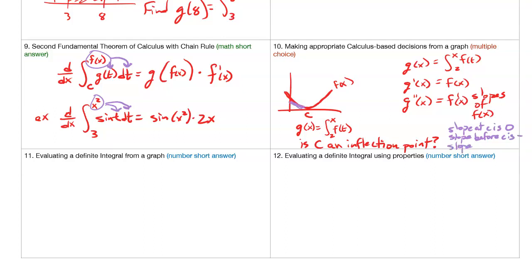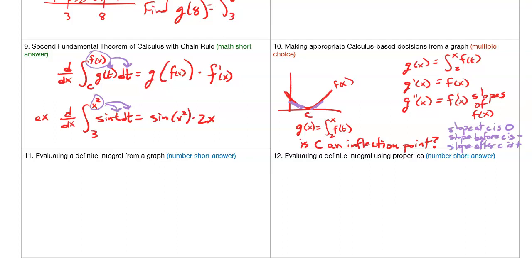Slope after C, positive. So then those three pieces of information tell me that C is an inflection point of g of x.